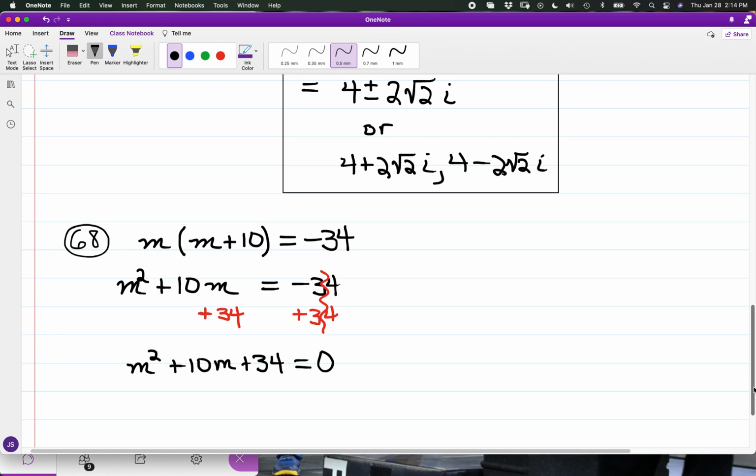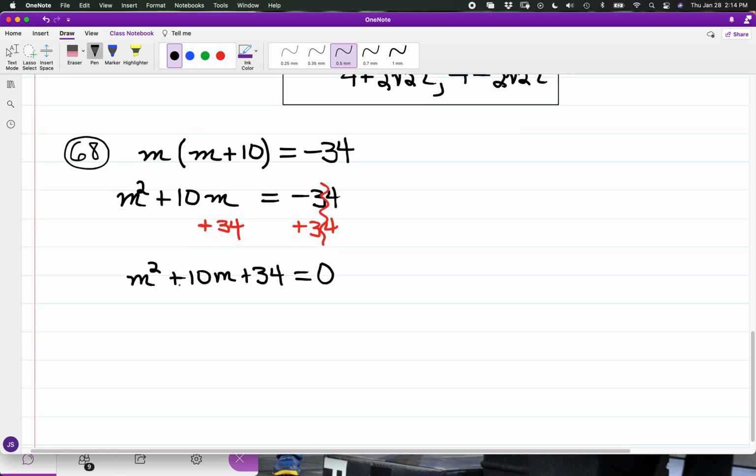All right, in the case of this trinomial, this one cannot be factored into real valued integer coefficients either. There are no factors of 34 that will add up to 10 that are real integers. You might think of 1 and 34, 2 and 17, and those add up to 35 and 19 respectively, but not 10.